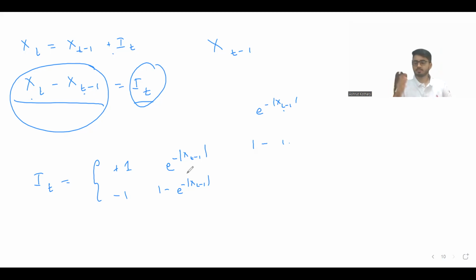So you can write it in this way, structured answer. The natural increment for this process is Xt minus Xt-1. That is It.